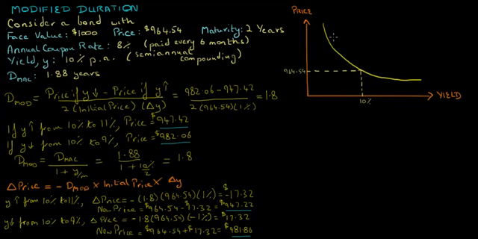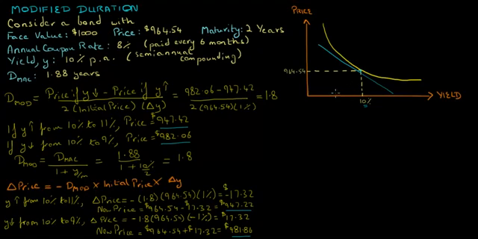Note that this yellow curved line shows the inverse relationship between the price of a bond and its yield. When we calculate duration, we are essentially estimating the gradient of a line tangent to this price-yield curve at a given yield, which in our case is 10%. So any change in price resulting from change in yield would be approximated by this tangent line.